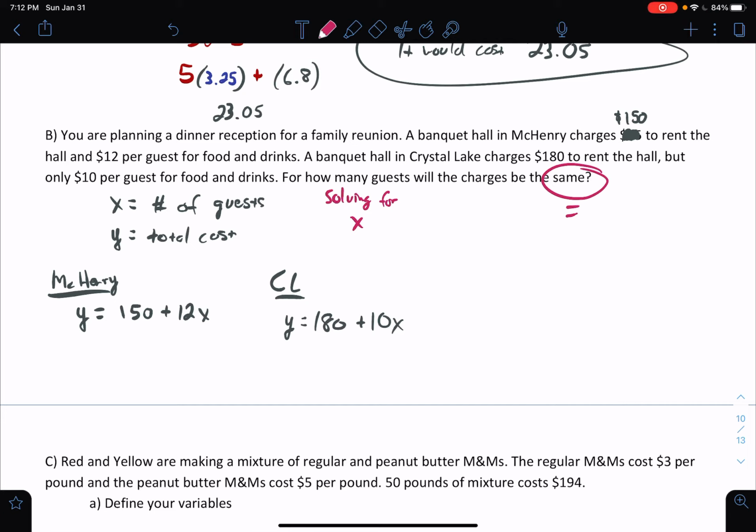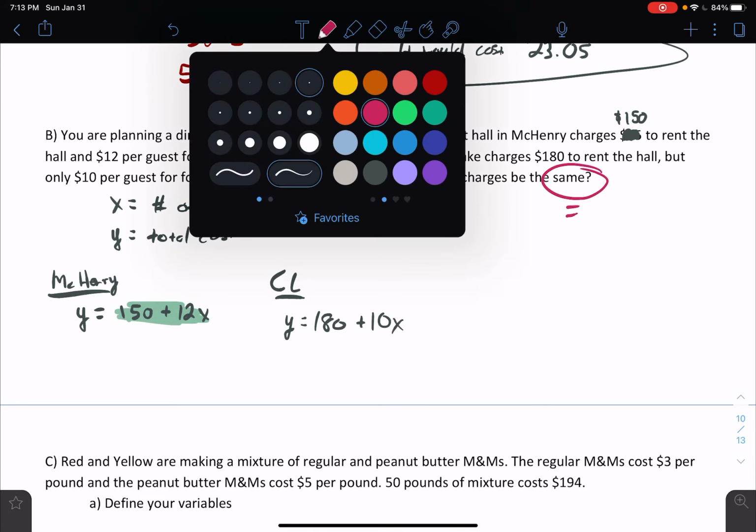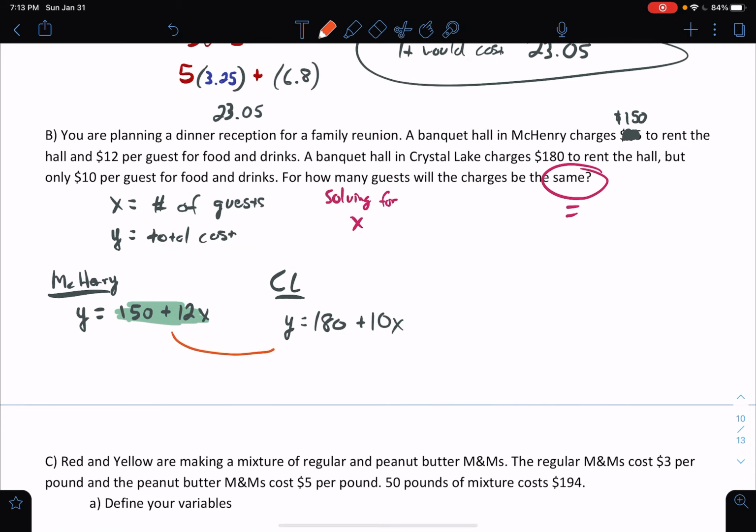So when will the y's be equal? So this is going to be substitution. If I take this and substitute it in for y here, we can solve for x. So we get 150 plus 12x equals 180 plus 10x.